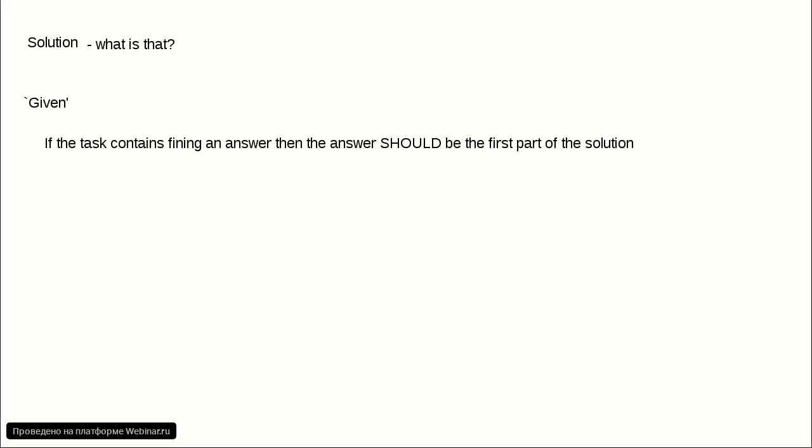Okay, so the answer usually is the most understandable part. If you solve some sort of equation, you understand what the answer to this equation is.